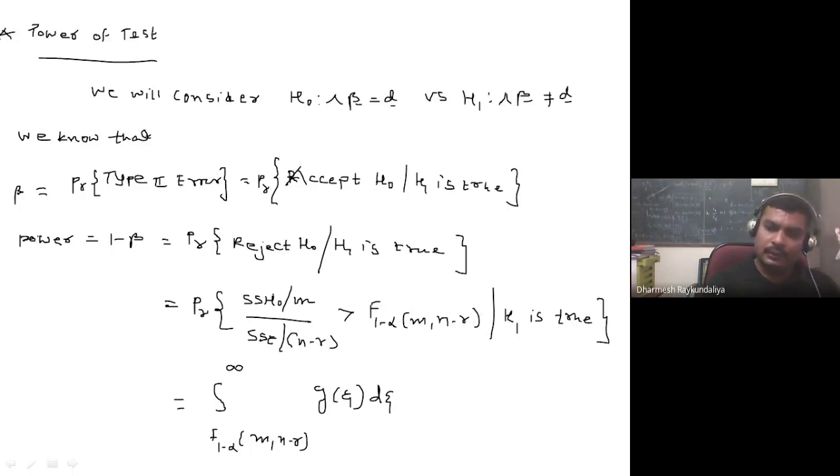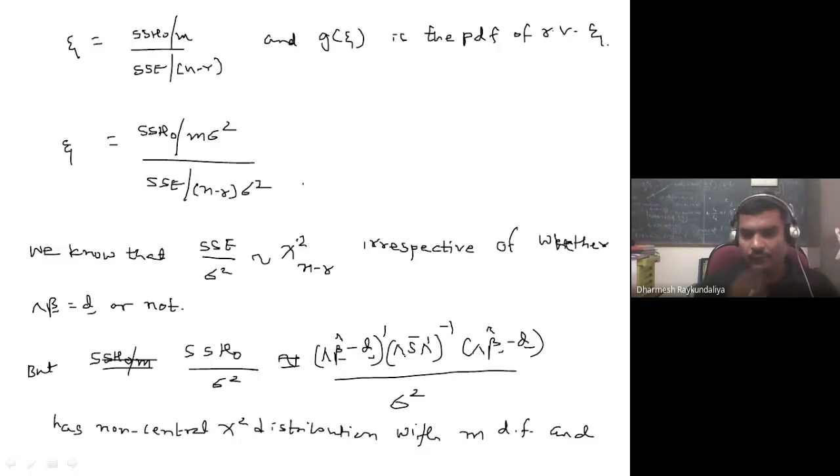So if you say it is xi, xi is a random variable, so it has a density g of xi. If you wish to calculate this probability, that is the integration over F 1 minus alpha, m, n minus r to infinity of g of xi. But g of xi can be written as, if you divide by sigma square in numerator and denominator, we know that SSE upon sigma square has the chi-square distribution with n minus r degrees of freedom, irrespective of lambda beta equal to d or not.